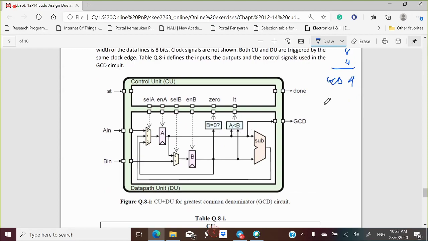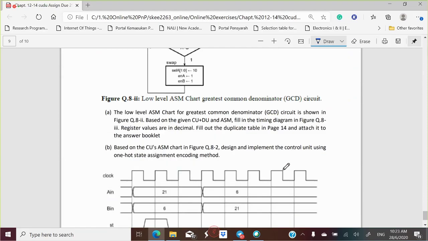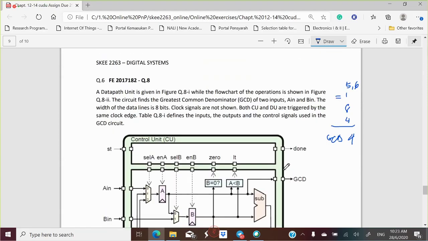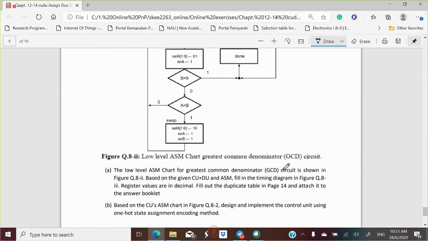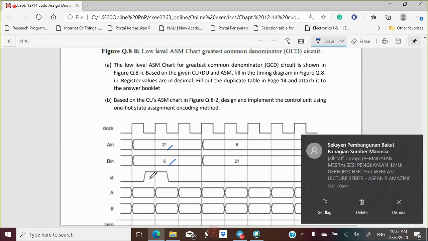So what you do is, for example, what is the input given here? They give you two values. One is 21 and 6. The other one is 6 and 20. But because you have start only 1, right?